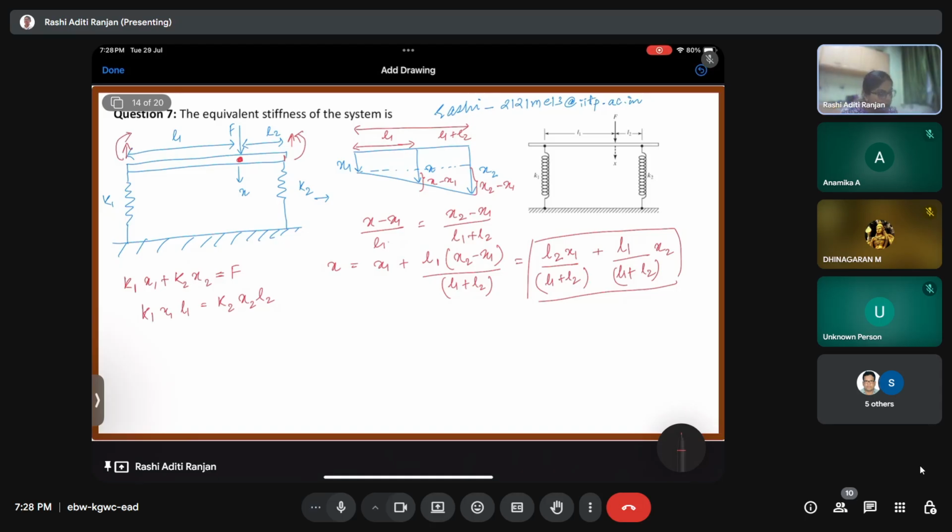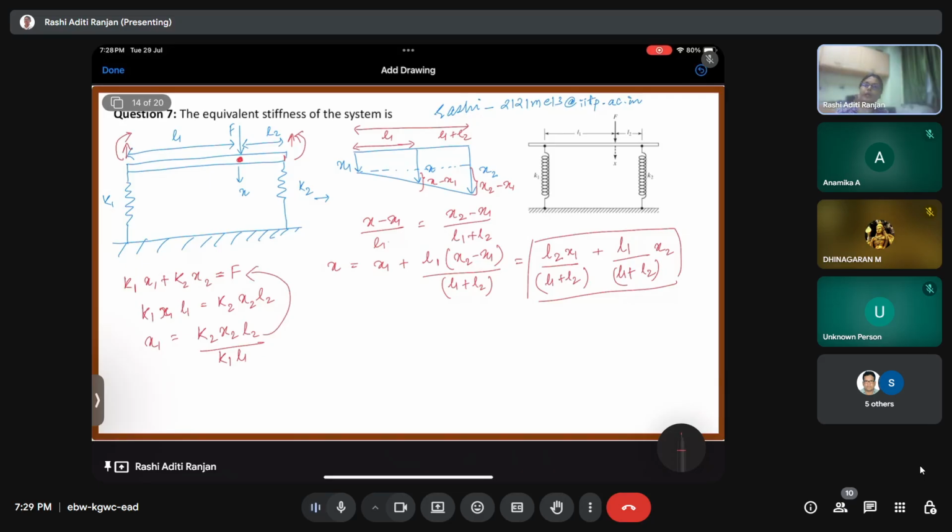Okay. So from here, what do I get? I can write x1 as k2 x2 L2 divided by k1 L1, right? And then we can substitute this in this, right?